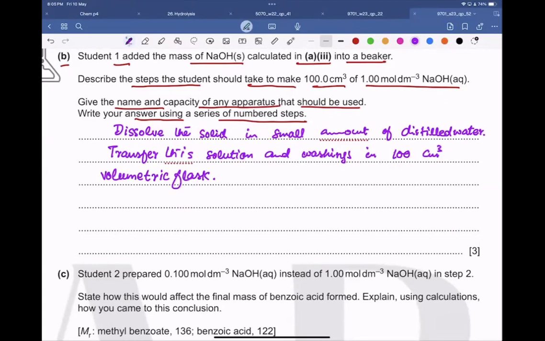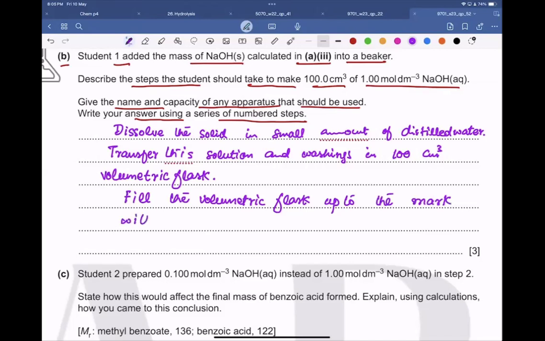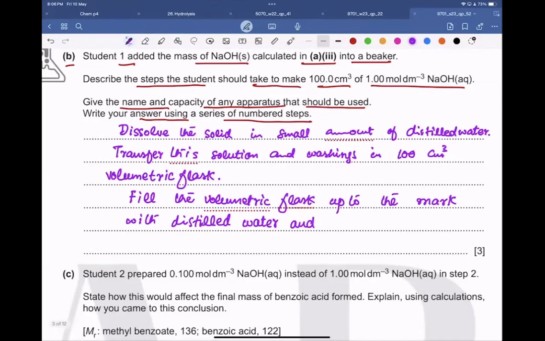Okay. After this, fill the volumetric flask up to the mark with distilled water and mix it.